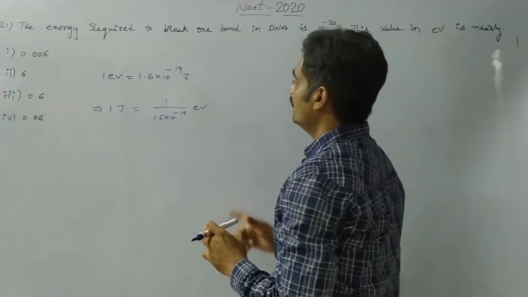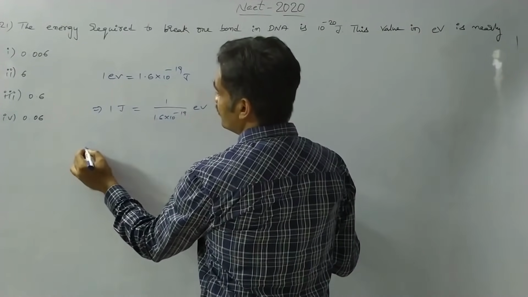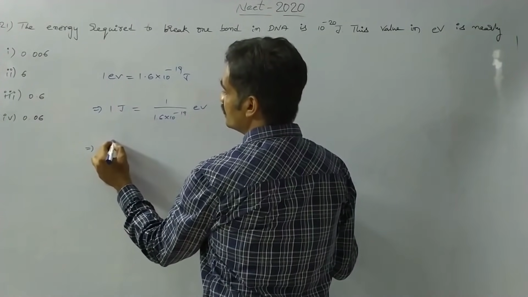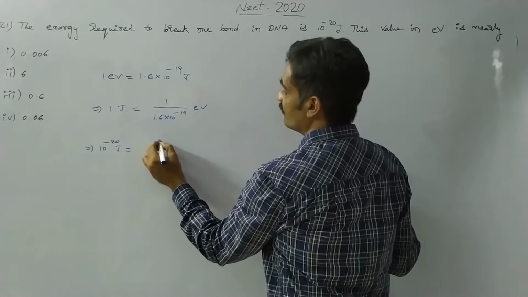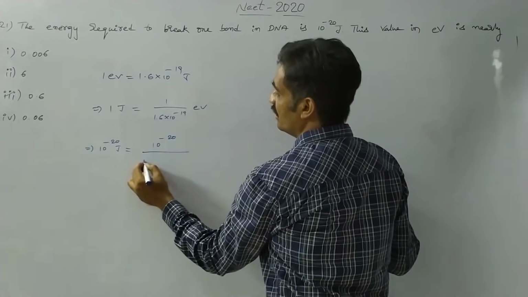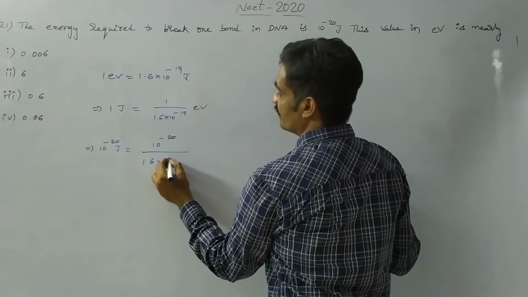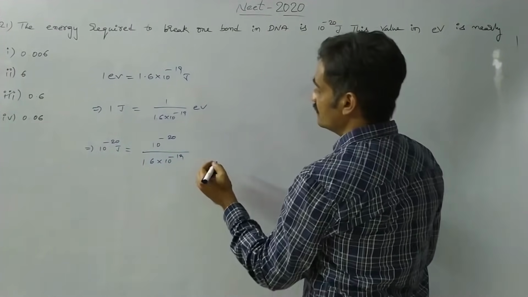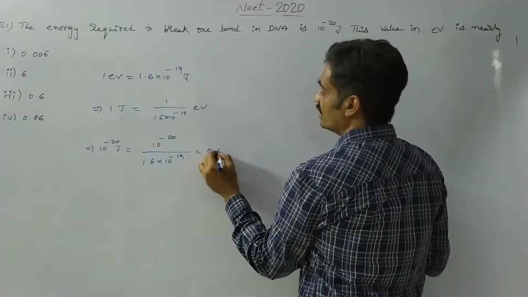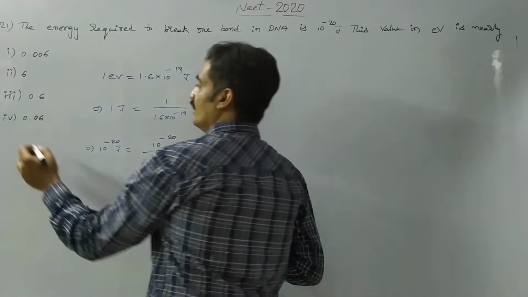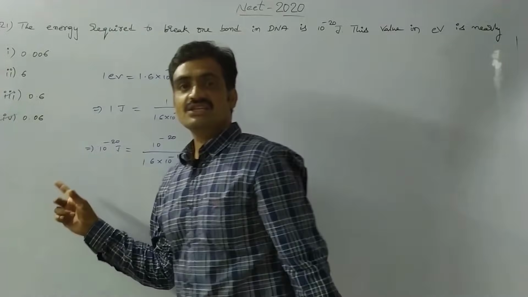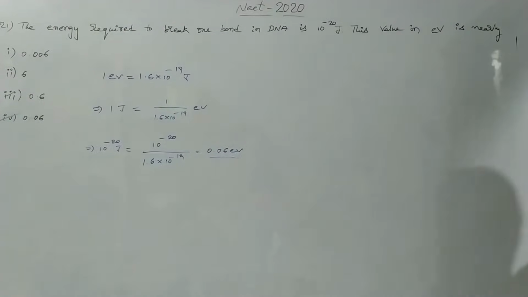Now we have to represent 10 to the power of minus 20 joule. So 10 to the power of minus 20 joule equals 10 to the power of minus 20 by 1.6 into 10 to the power of minus 19. From this equation we get 0.06 electron volts. So option is 4. Take a screenshot, we will continue.